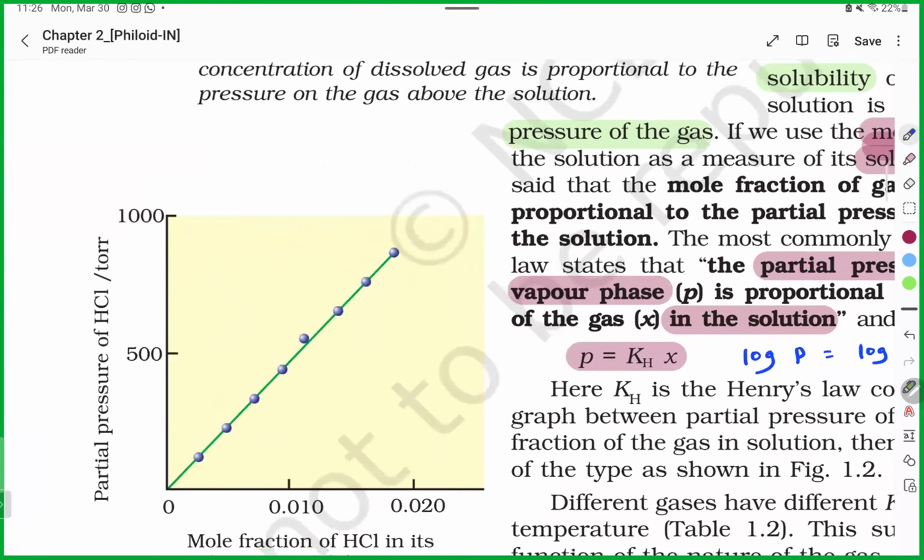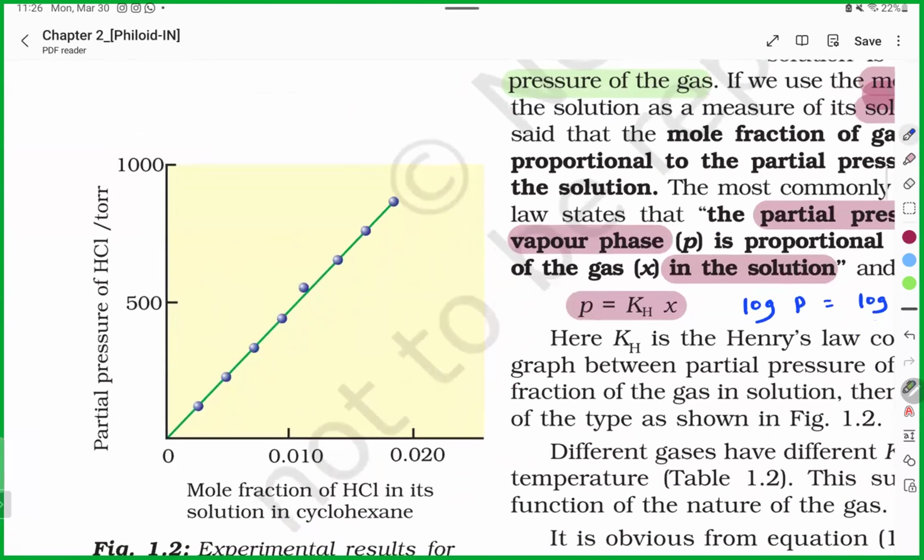And people will think, sir, we read this graph, so it should have been the second option. But they are asking log form, not simple graph. Correct? So when people see NCERT, they blindly follow rather than understanding what is given. In the previous question, it was the relation of log P and log X. So log P versus log X will be like this.